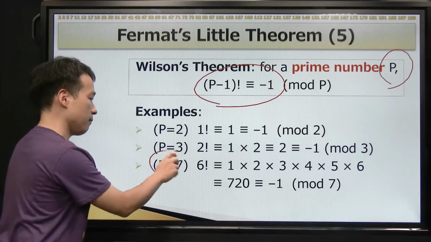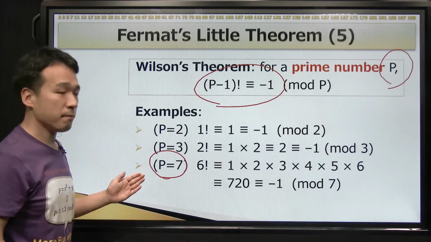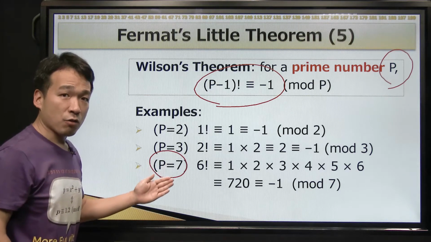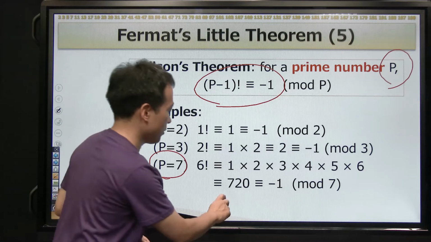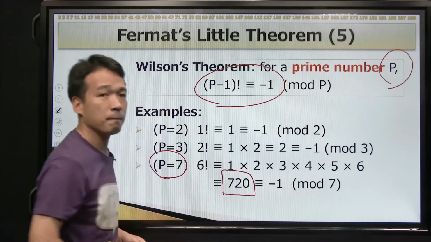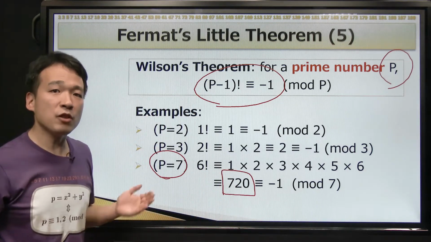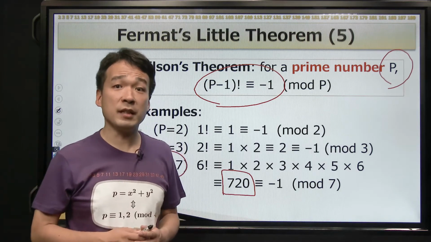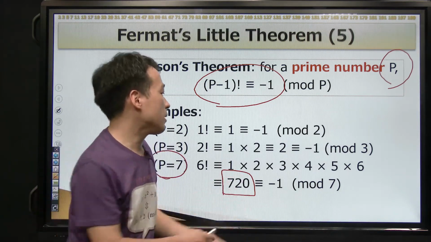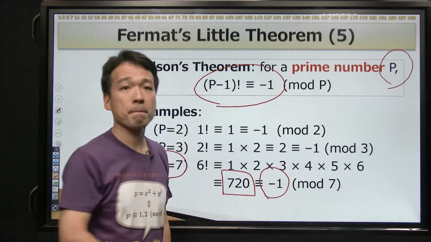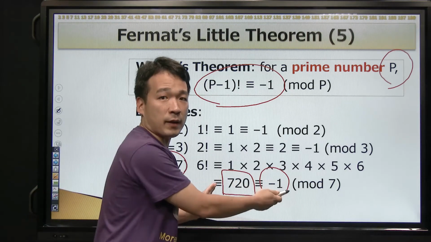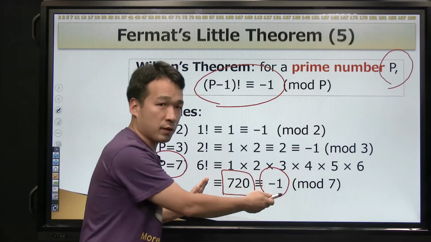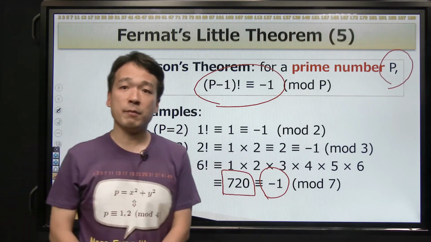If p is 7, the factorial of 6 is equal to 720. Then you can check 720 is congruent to minus 1 modulo 7, because the difference 721 is divisible by 7.